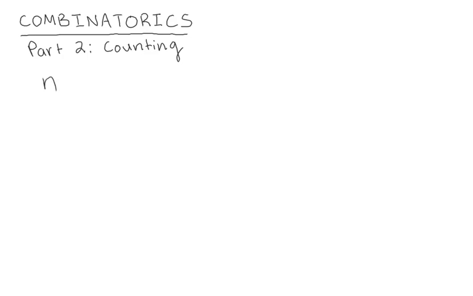A factorial is represented by an exclamation mark. So in math, if you ever see an exclamation mark, the problem writer probably isn't super enthusiastic about a number. They're just trying to signal that it's a factorial. If you have a number n, n factorial is just n times n minus 1 times n minus 2, all the way up till 1.